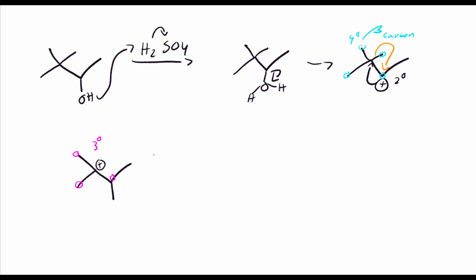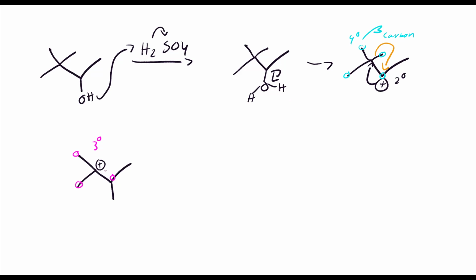It makes our molecule more stable. And so if you ever experience something like this on the free response portion of the exam, you want to pause the reaction and say, can I do any shifting? Can I shift a hydrogen? Can I shift a methyl to make this molecule more stable? In this case, you could, because we were next to a quaternary carbon.